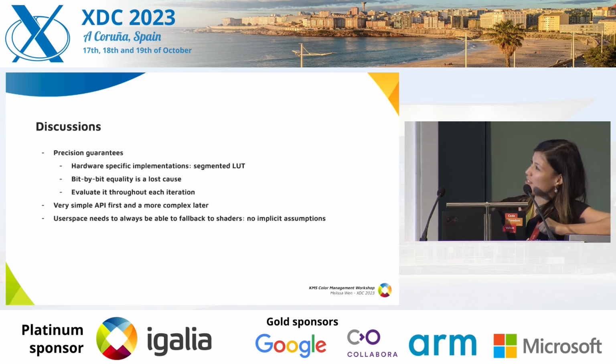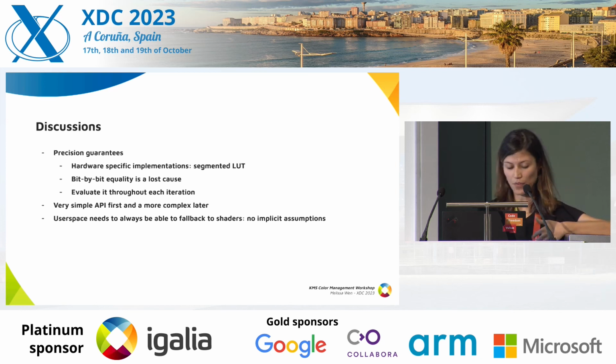We also discussed precision guarantees, and some issues with hardware-specific implementations such as segmented LUT. We think that bit-by-bit equality is a lost cause, and we prefer to evaluate this issue in each iteration.